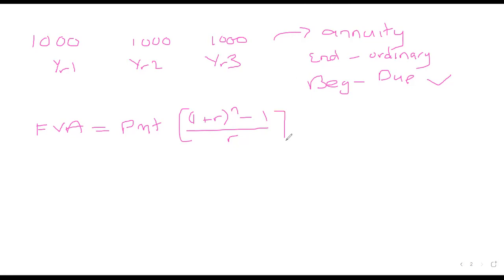So this becomes an annuity when the payments are made on a regular basis. So here we're going to have 1,000, our interest rate is 10%, and our time is 3 years.